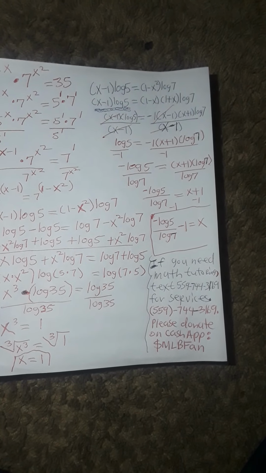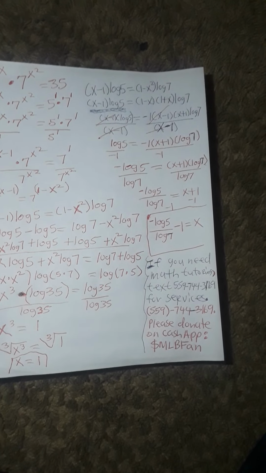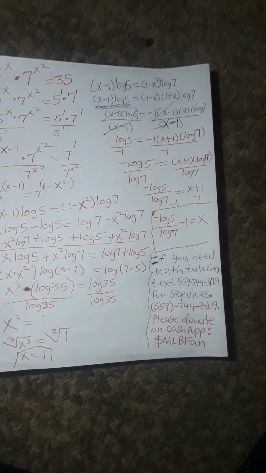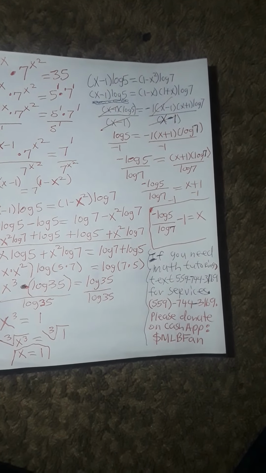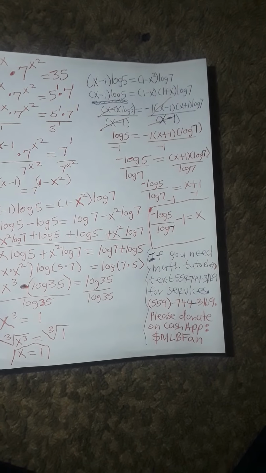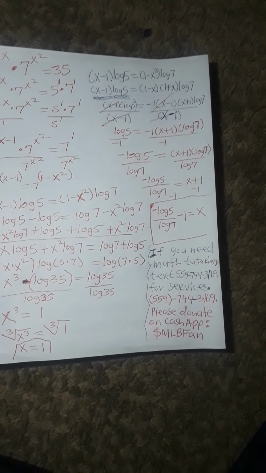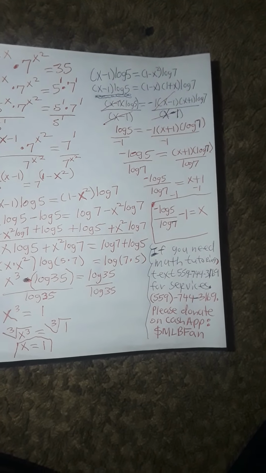So now we divide both sides by x minus 1 to obtain log of 5 is equal to negative 1 times x plus 1 log of 7. So again, log 5 is equal to negative 1 times x plus 1 log of 7.